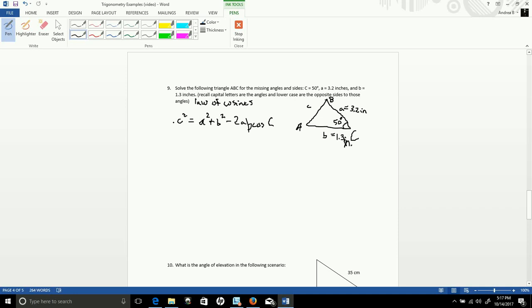So here in this case, we're trying to figure out what our side c is, first of all using this formula. So then we'd plug in our 3.2 squared for our a squared part. And then we'd have plus the 1.3 squared.